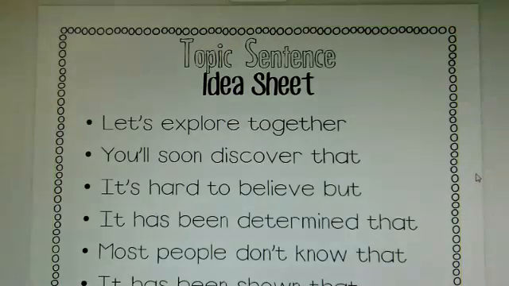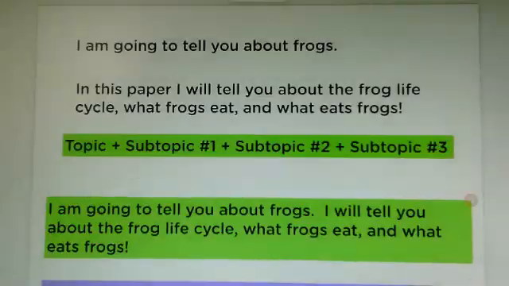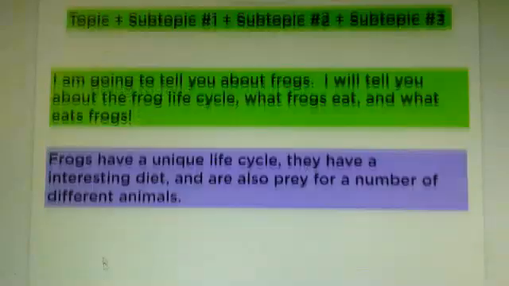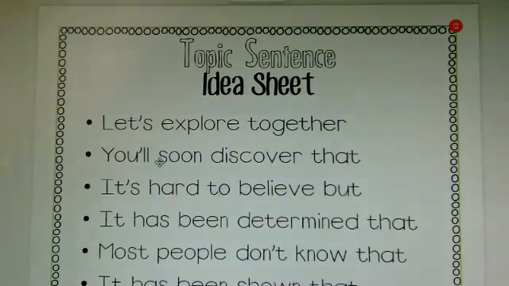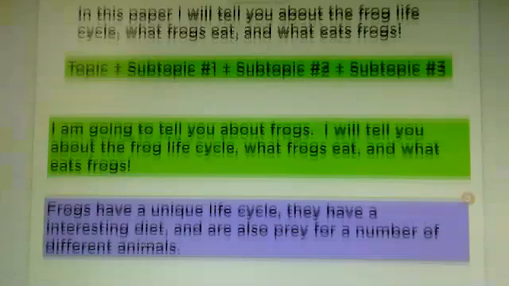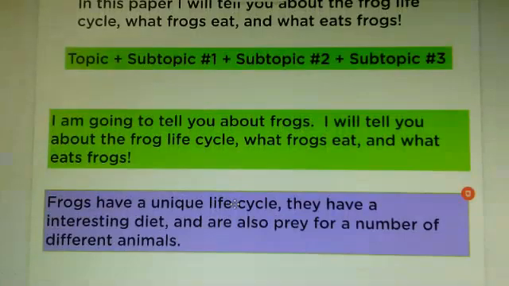In your class kit today, you have this list of sentence starters. This is a topic sentence idea sheet. So these are ways that you can actually start your topic sentence if you didn't want to start with just what your topic was. So if you didn't want to start with just frogs, perhaps I wanted to start with, you'll soon discover that frogs have a unique life cycle.